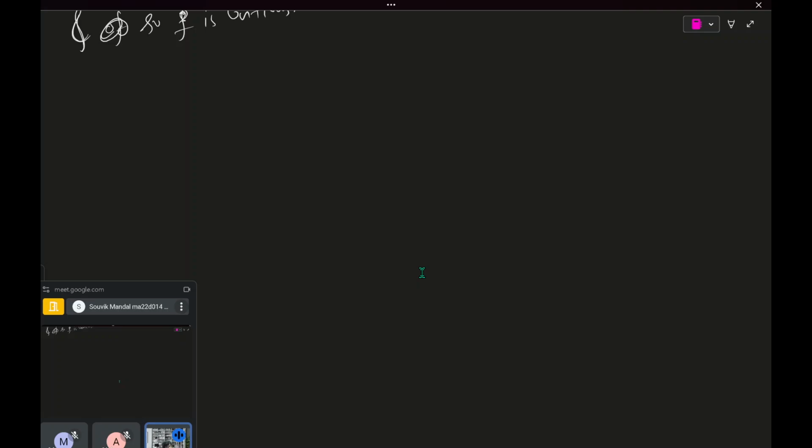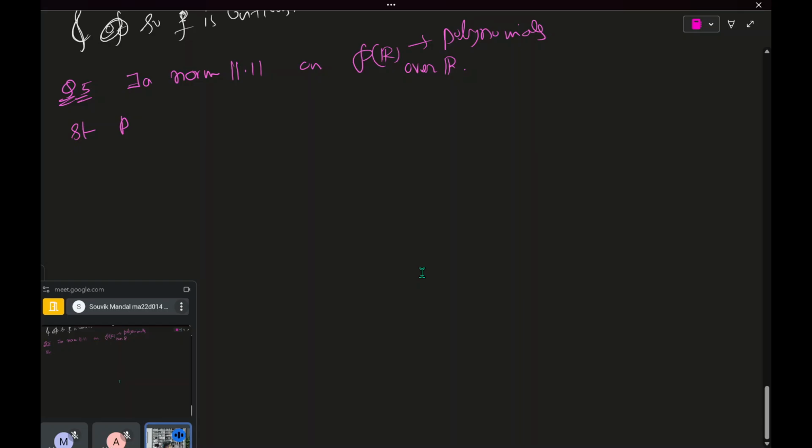Now the fifth question. There exists a norm on P, the polynomials over R, such that P is a Banach space with this norm. How to do this? Or is it actually true?